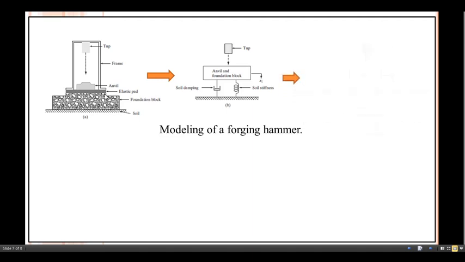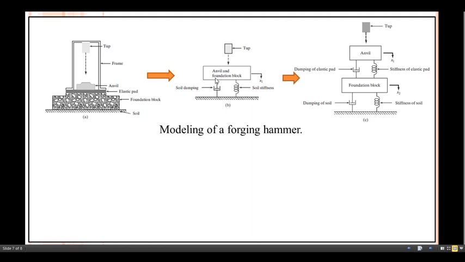Now in a refined case, if I separate this anvil and foundation block, in between them an elastic pad is provided. Whatever elasticity is possessed by that pad, we can show by a spring stiffness, and whatever damping properties are provided by that elastic pad, we can show by one damper.